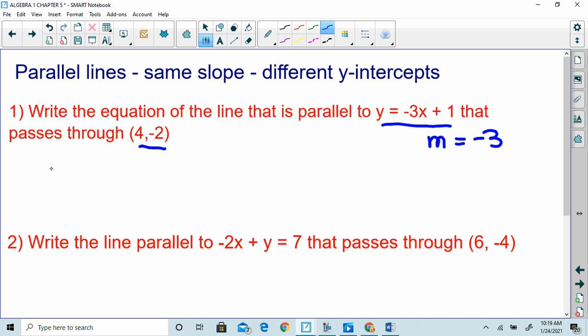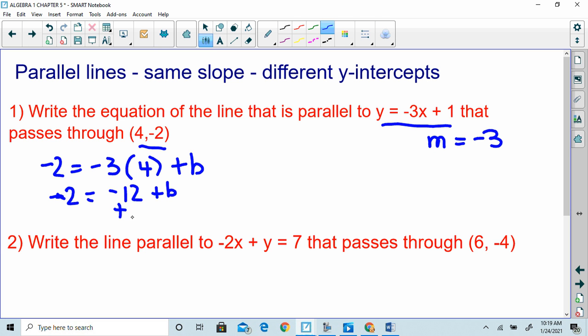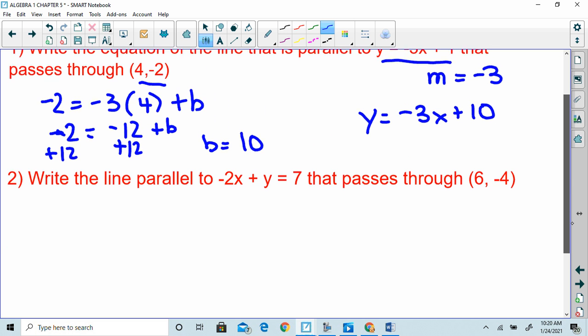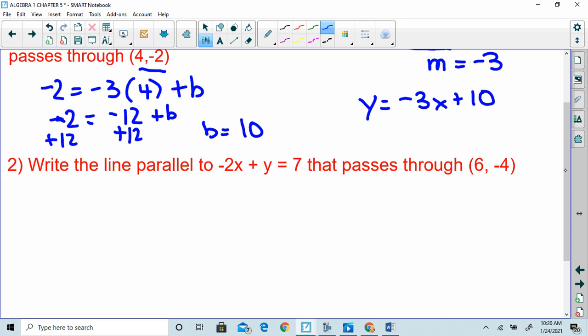So now we have y is equal to negative 3x plus 4, so negative 2 equals negative 3 times 4 plus b. I simplify. I then go ahead and add 12 to both sides, and I see that b is equal to 10. So now my line that is parallel would be y is equal to negative 3x plus 10, same slope, different y-intercept.